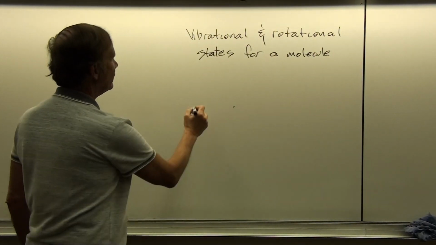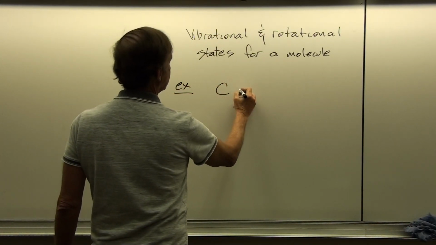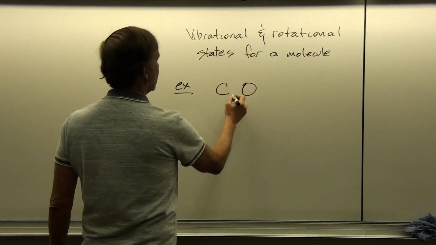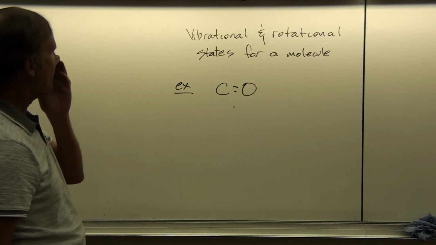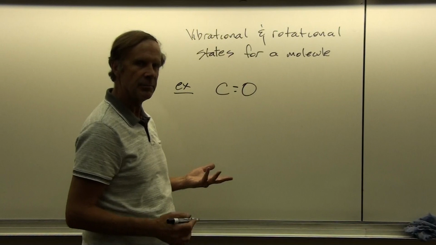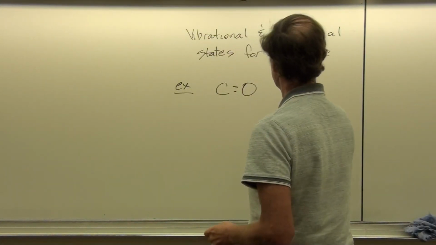Now, a molecule that's often used for this is carbon monoxide. And carbon monoxide is CO, and it is useful because it is a simpler kind of molecule than, for example, CO2. It's linear.